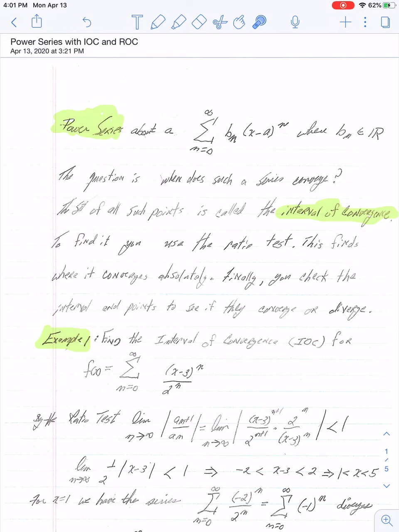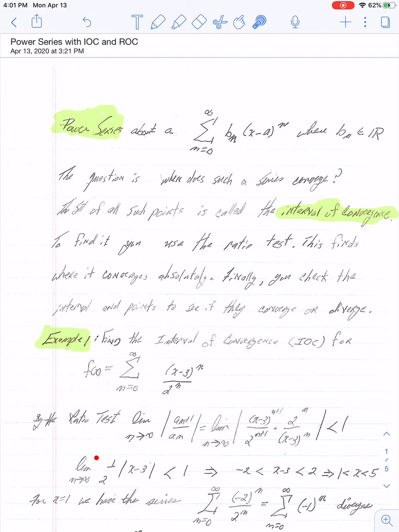Well, n factors of 2 here, n plus 1 factors of 2 here, kicks a 2 downstairs. N plus 1 factors of x minus 3, n factors of x minus 3 leaves an x minus 3 upstairs, and it's still inside the absolute value. So now this simplifies to that.